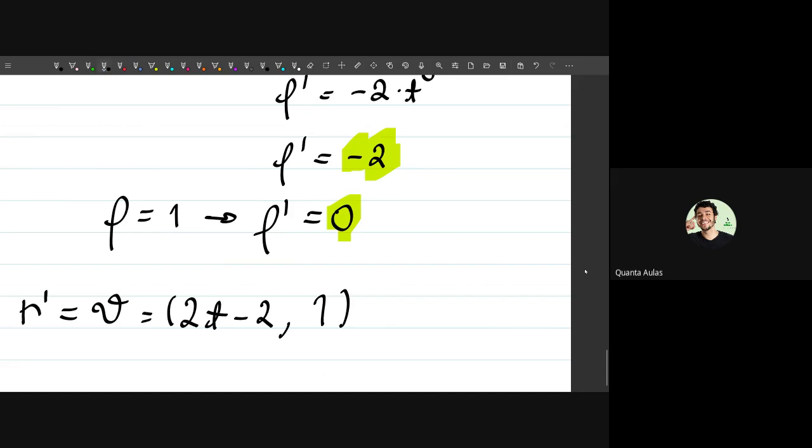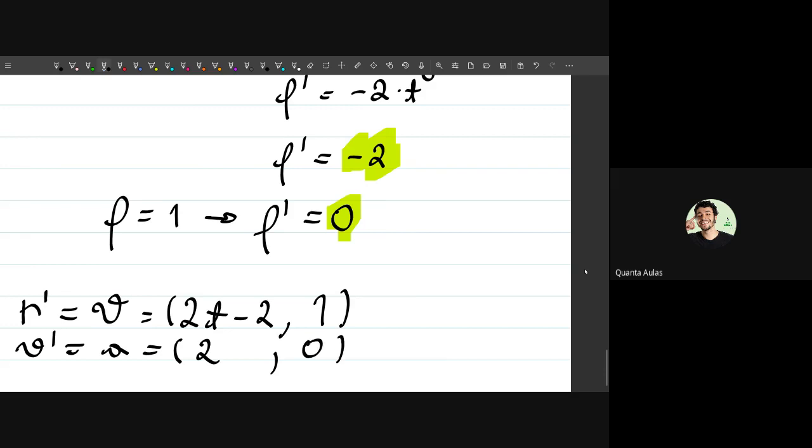And the acceleration is the derivative of the velocity. So what is the derivative of 2t minus 2? Again, you just use that rule here, and we have 2 because we just need to derive the letter t. And the derivative of minus 2 is 0, so we don't need to put 0 here because it's ugly.